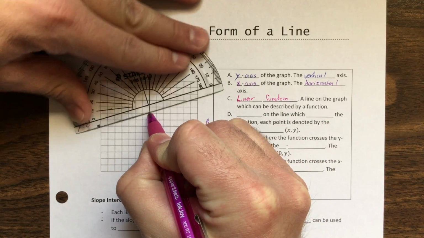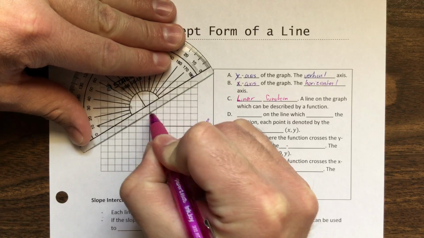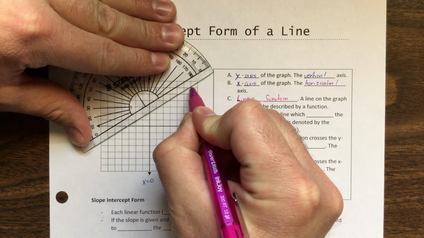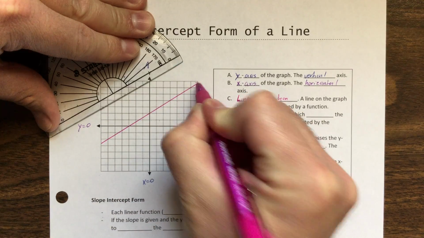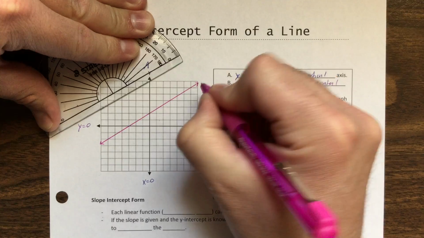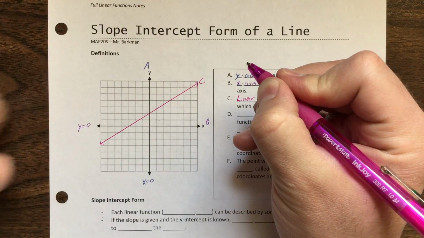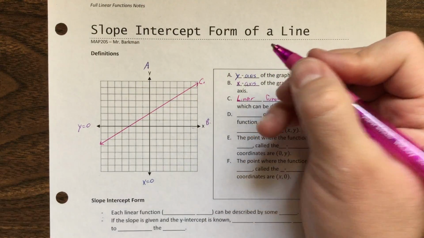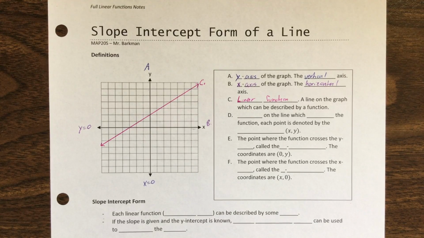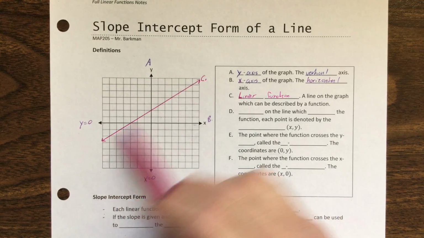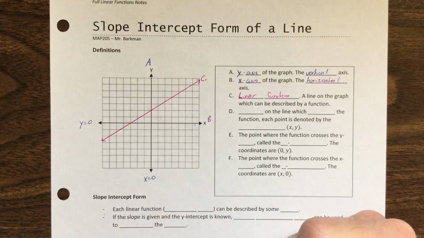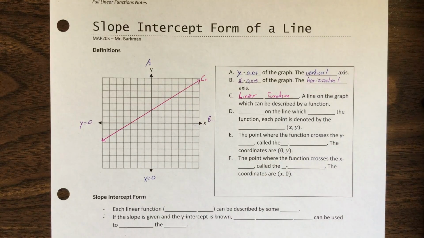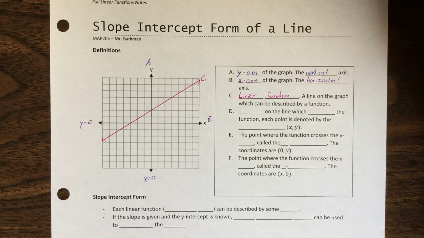I'm going to draw a very specific one here, in pink, and I'm going to call that C. So that's our linear function, a line on the graph. We want to come up with a way of describing that line.